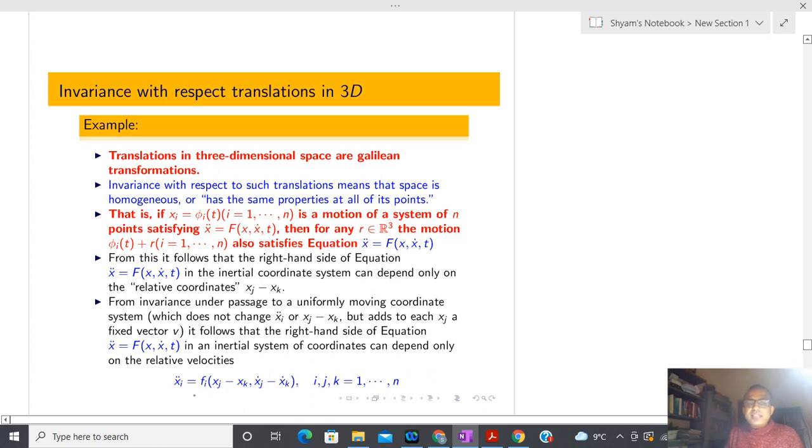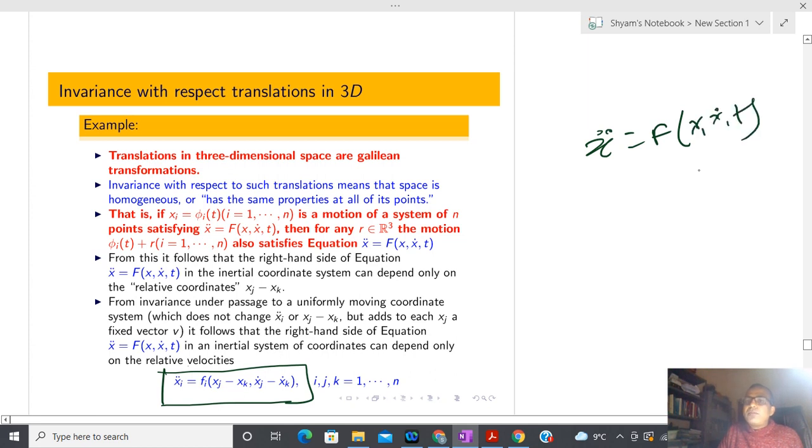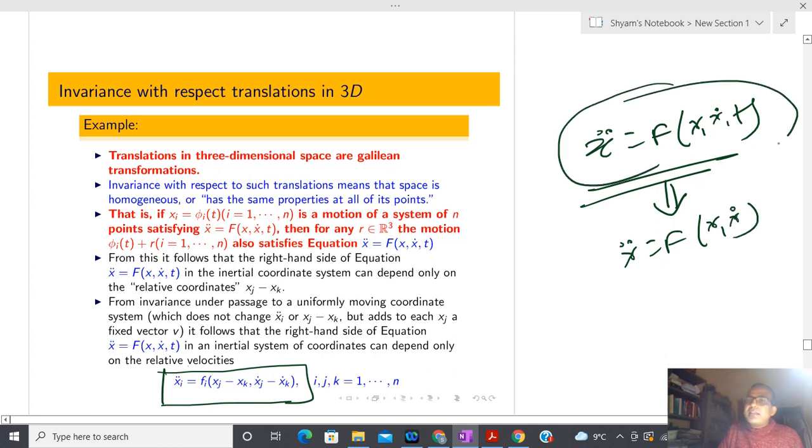Due to that reason, you can see that now suppose I have n number of points. So n number of differential equations basically come into the picture. Because what Newton is telling is that if you have one event, then corresponding to one event you have this kind of differential equation. And since I have to make sure of the time translation, that is converted into this kind of differential equation in x and x dot.